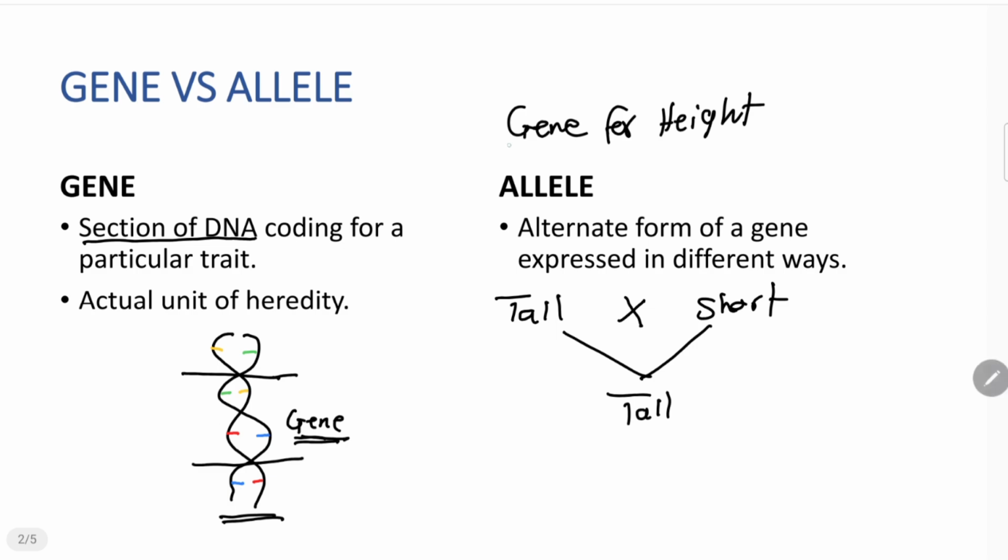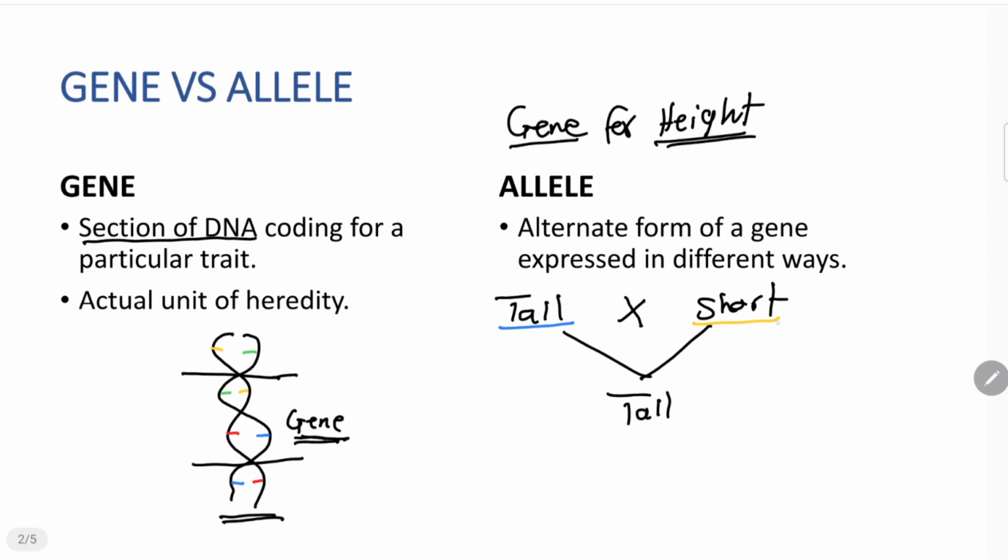But the very same gene, the very same characteristic, can be expressed in different ways, which is why we say that a plant can either be tall or short. So the very same characteristic, which is height, can be expressed in different ways.